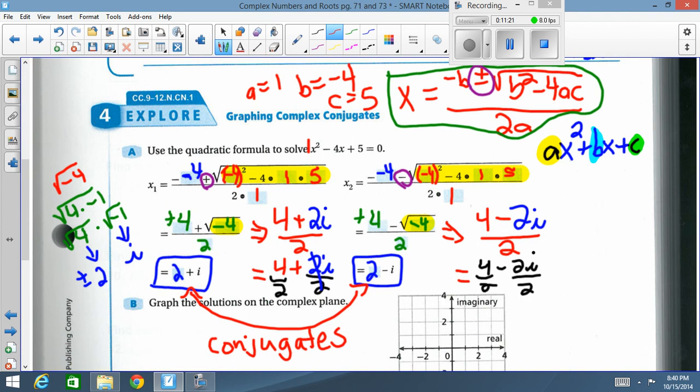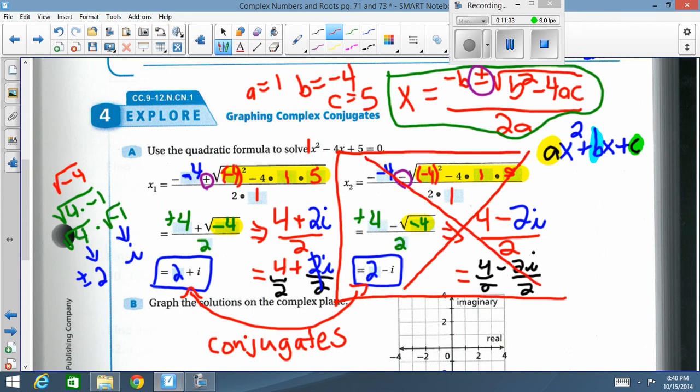So you don't really need to do the whole process twice. You don't really need to do both of these. You could have just done this part here, come up with your answer, and known that, oh, it's going to be 2 plus or minus i. Instead of doing both of these, you have a positive 4 plus or minus that.